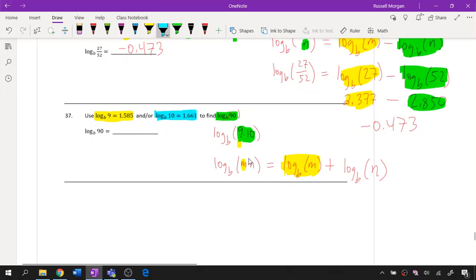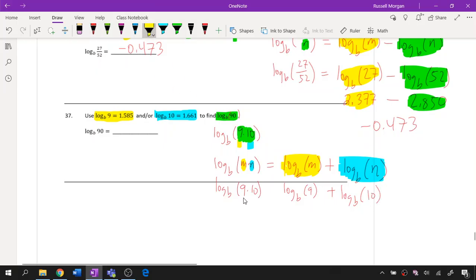And the second piece in the multiplying would be this guy right here, the 10. So all I got to do is take those and fill them in. This is really log base b of 9 right there, because it's the 9 times the 10. And of course the second piece is the 10, so that's log base b of the 10.